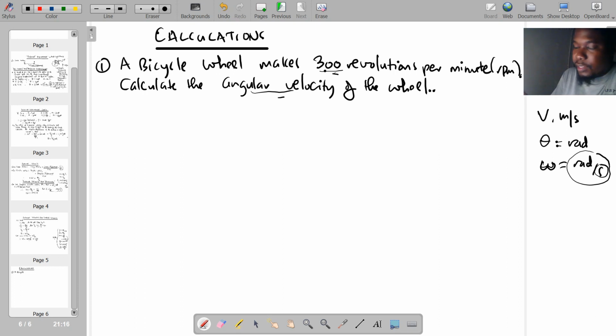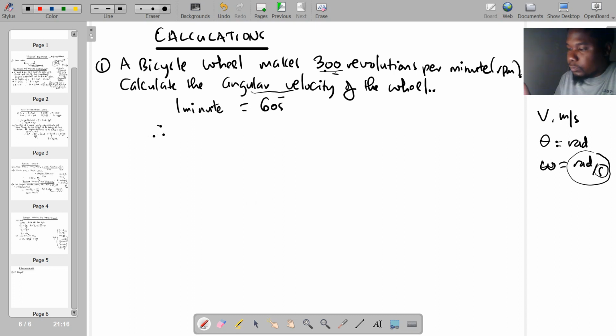So the first thing we'll do is that we know that 1 minute is equal to 60 seconds.